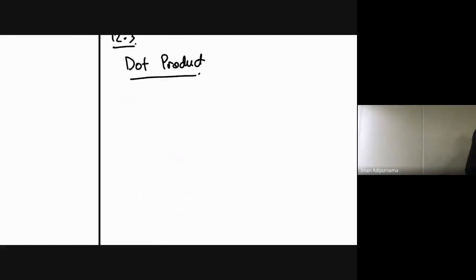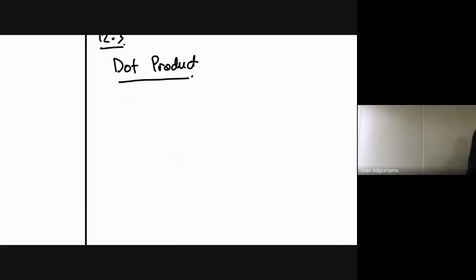So the next concept is the dot product. Literally, why do we need the dot product? If A and B are vectors, and C, let's say, is a scalar, we already know how to add the vectors, right?